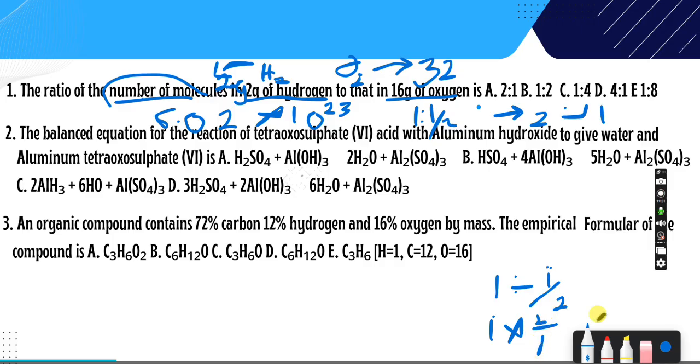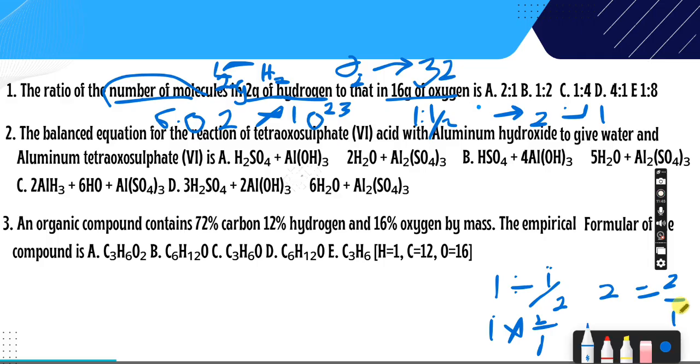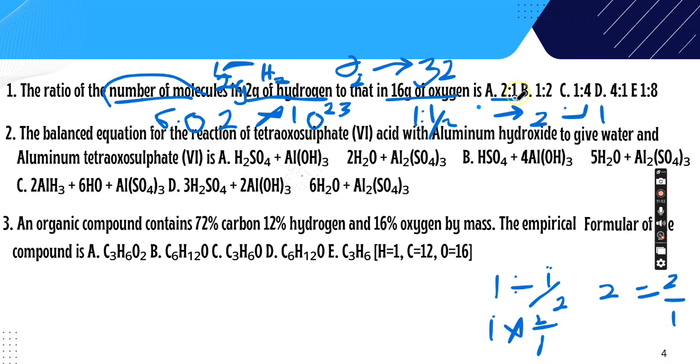And that will give us 2. And 2 is the same thing as writing 2 over 1, because any number divided by 1 is still itself. So that way we ascertain that our answer for this particular question is Option A, 2:1.